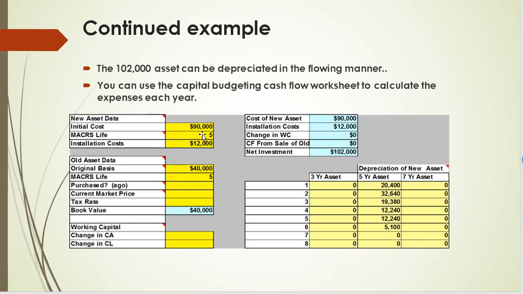So here we put in the cost of $90,000, $12,000 is the installation cost, and it has a 5-year MACRS life. So if you put that in here, if we look to the right, it's a 5-year asset, and here is the depreciation expense each year for this asset's life. So in year 1, you'll depreciate it $20,400. In year 6, you'll depreciate this asset $5,100.